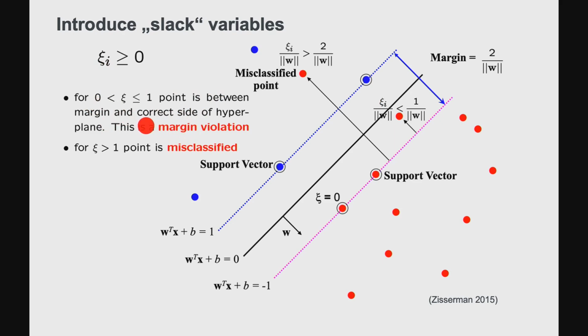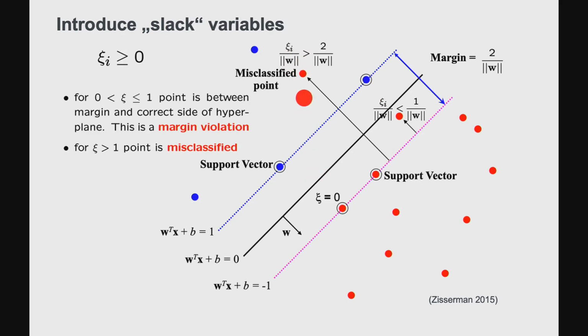So we have a margin violation, but we still correctly classify these points. And if this slack is larger than 1, the point is misclassified. So we have some distance away here and a larger distance away here.